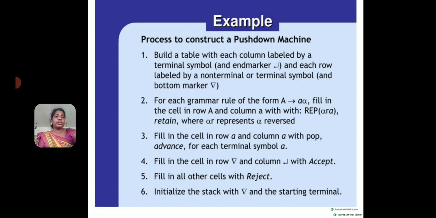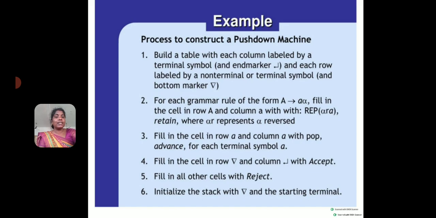The pushdown machine has a basic terminal example. Build a table with each column labeled by a terminal symbol and each row labeled by a non-terminal symbol. Then for each grammar rule of the form A, fill in the cell in the row and column with a rep, where the right side is represented in reverse.